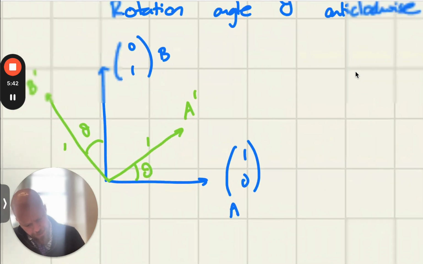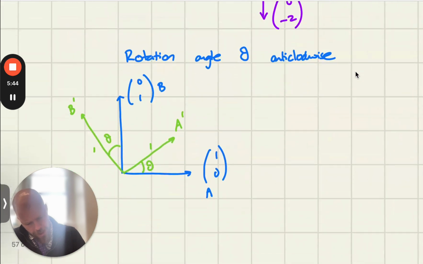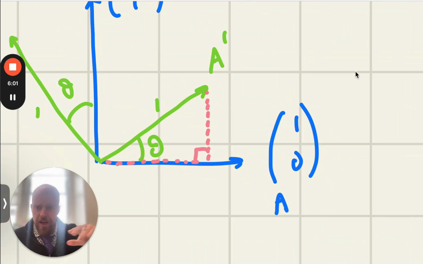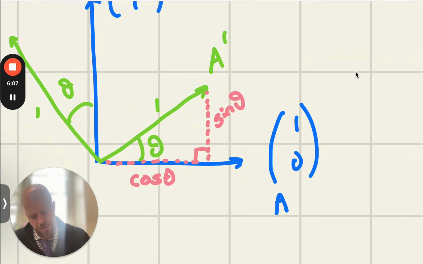Now if I think about this length here, I can make a right triangle. And from that, if we think about the height and the width of a right triangle, the width is going to be cos theta, and the height is going to be sin theta, because sine is the opposite, cos is the adjacent.